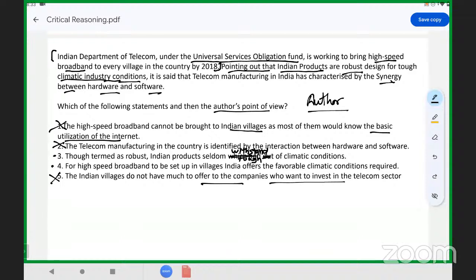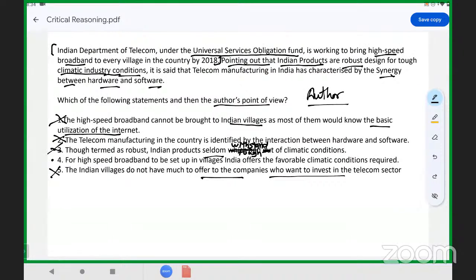And the fourth point is... If you look at the second point, it is clearly mentioned that the Indian products have robust design for tough climatic conditions. So we can eliminate this, and the only correct answer is that India offers the favorable climatic conditions required.